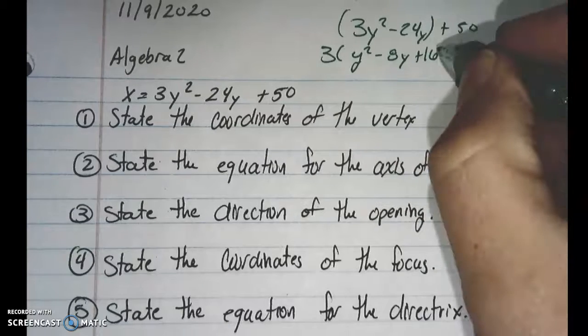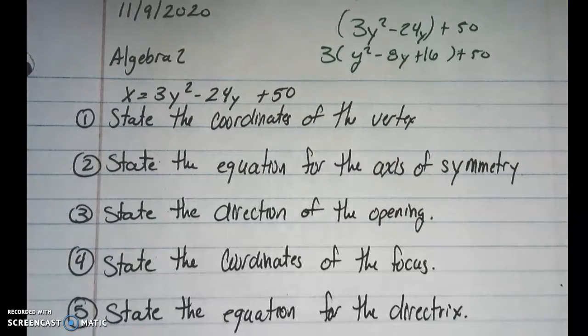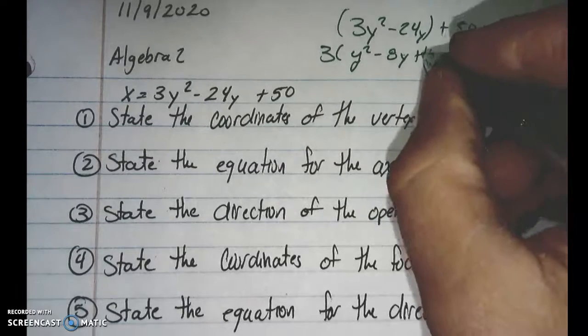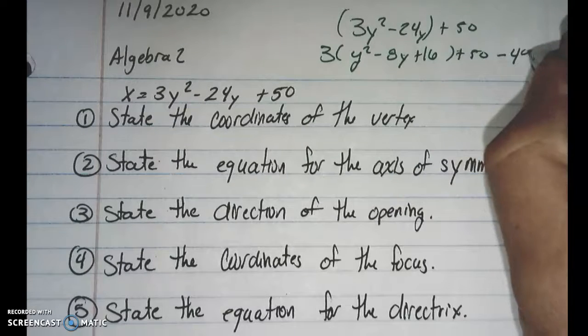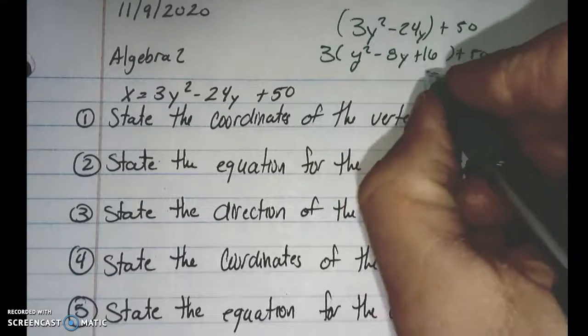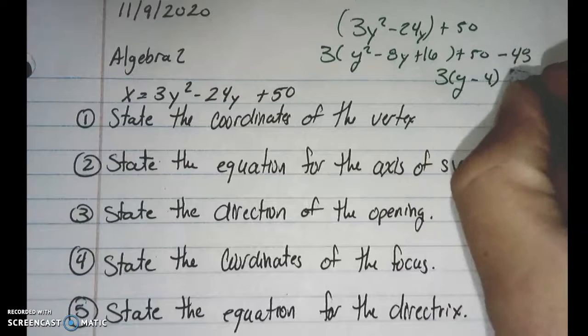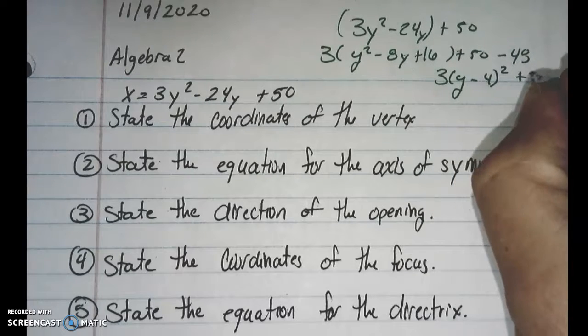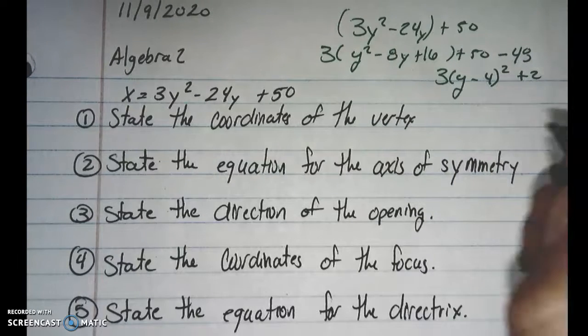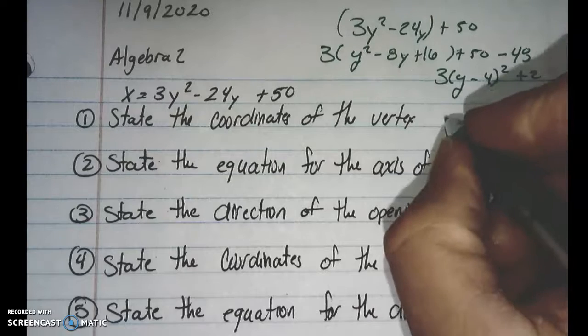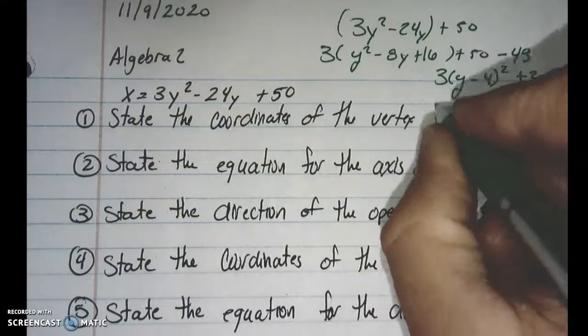And then 16 times 3, which is 48. Since I added 48, I'm going to subtract 48. So then I'm going to have 3 times (y minus 4) squared plus 2. So now the coordinates are just going to be 4, 2.